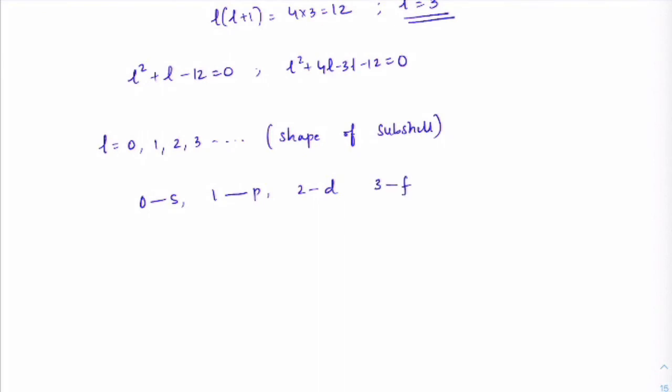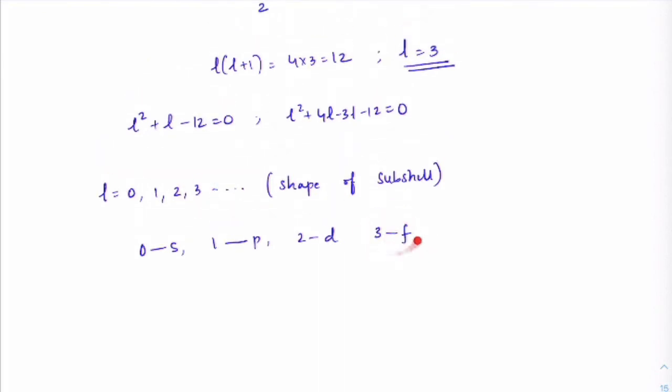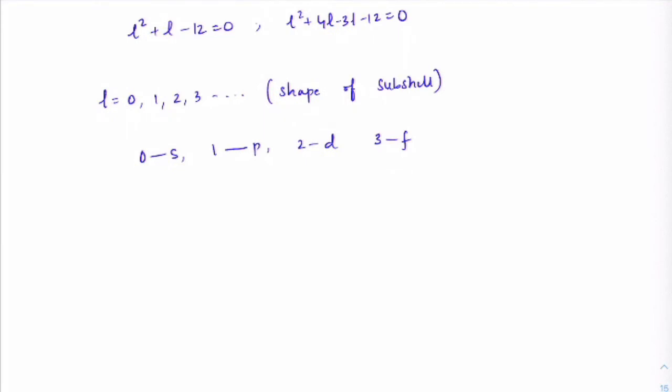So L is equal to 3 represents it is of f orbital. The f orbital in fact starts from 4, so you can have 4f, 5f, 6f, and so on. So n could be anything at least 4 or more than 4. So here n should be greater than or equal to 4.